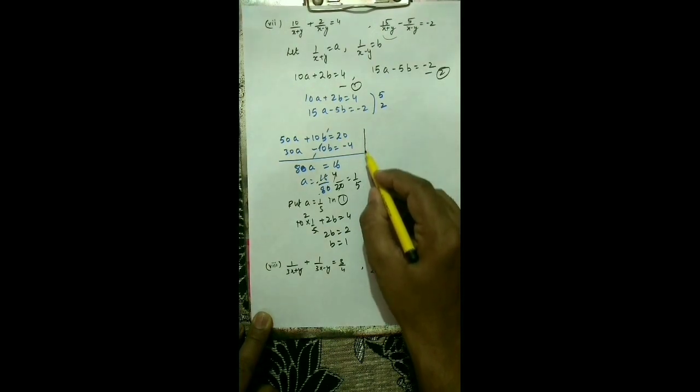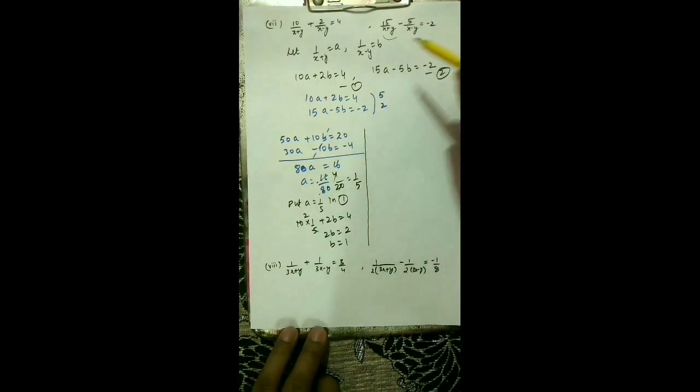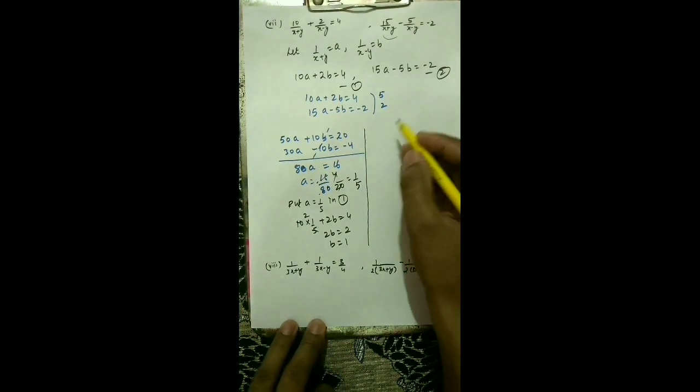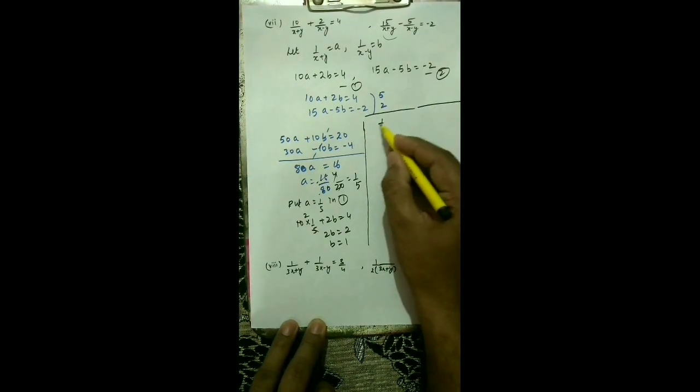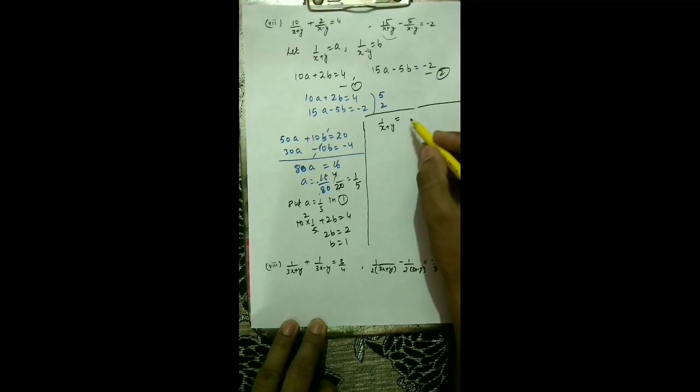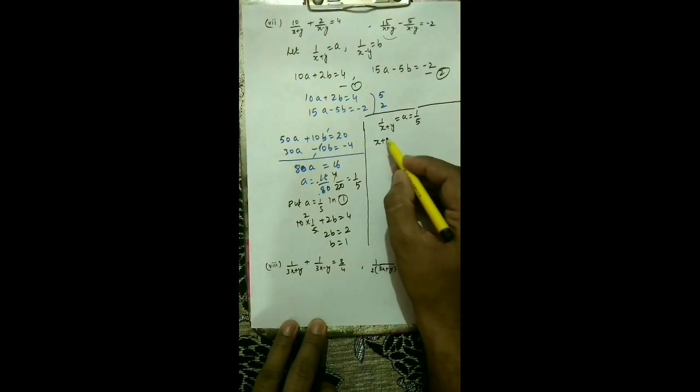But now you see you have not got the values of x and y. Now we simply start from where we assumed something, that 1 upon x plus y was a. The value of a has come as 1 by 5. So do the reciprocal on both sides.